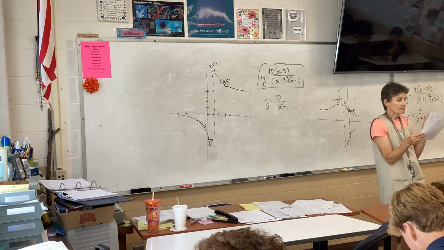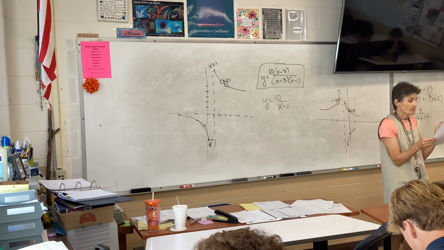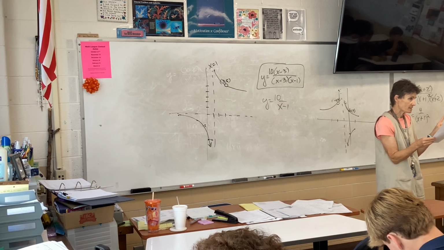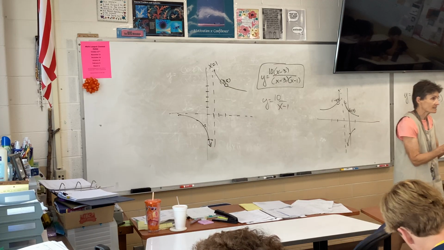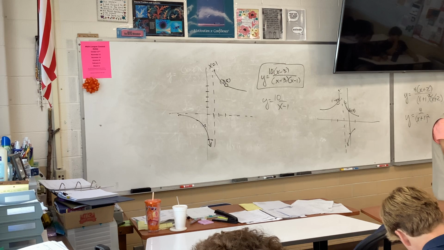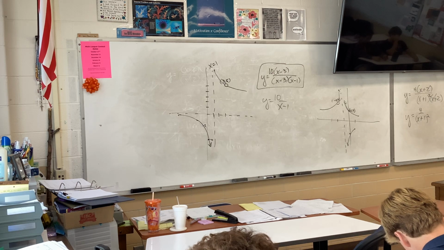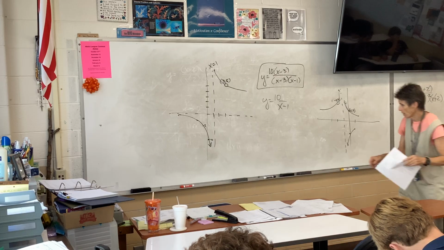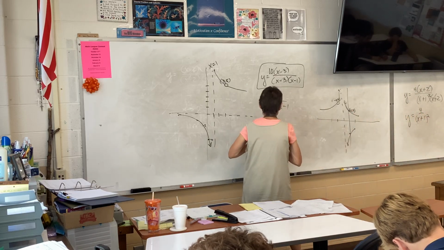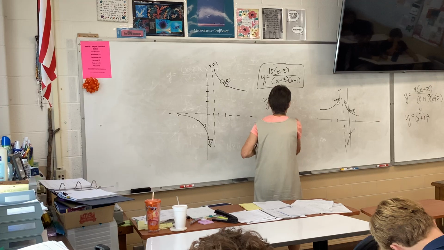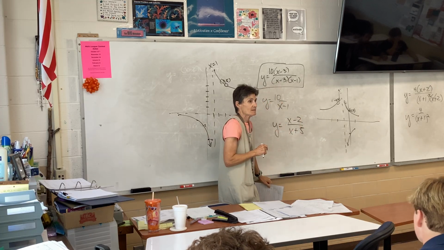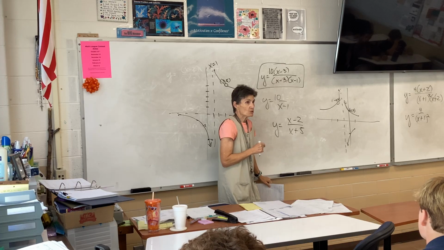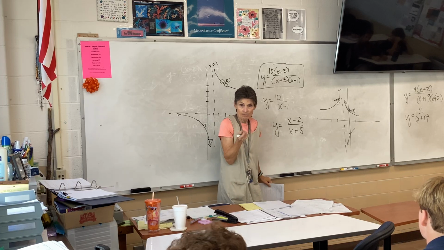So why do I think number 3 is always? Well, g is the numerator. So if the numerator is 0 and the denominator is not 0, then there has to be a 0 there. What does it mean to be a 0? It means you plug something in and get 0.